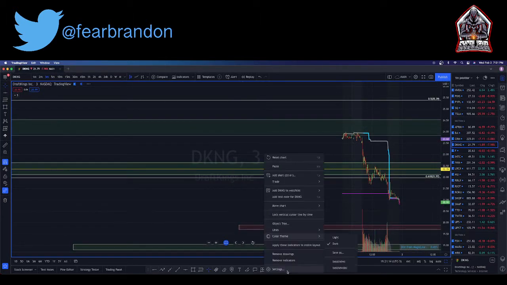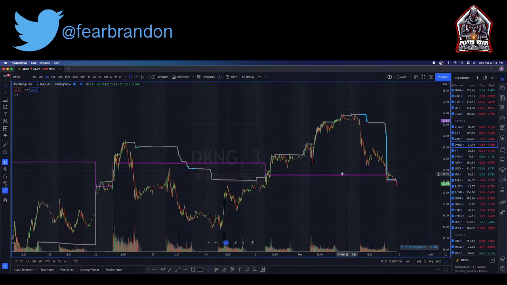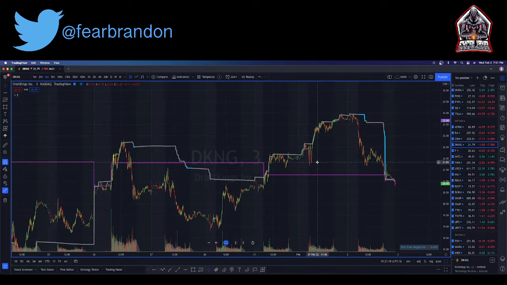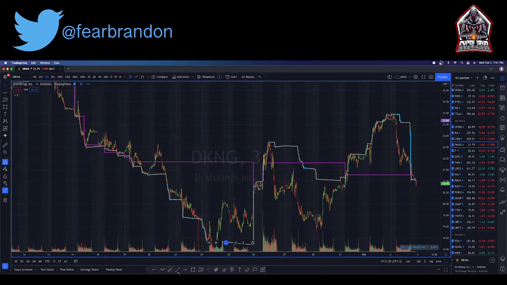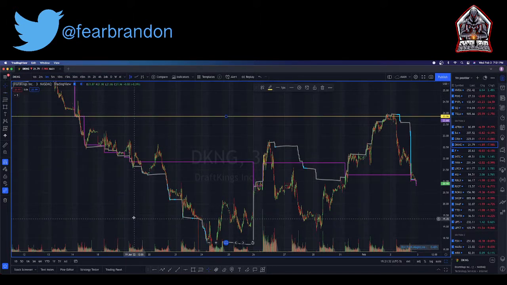DraftKings was. This zone right here, it's technically used as a support sometimes. If we do go back, I could chart all these zones. Where was your high? This previous one where we had a huge sell-off.